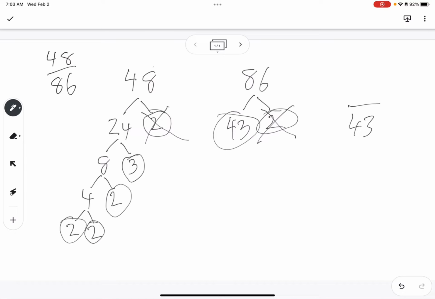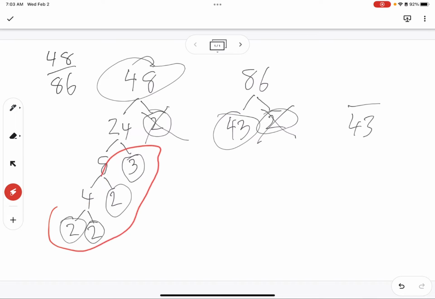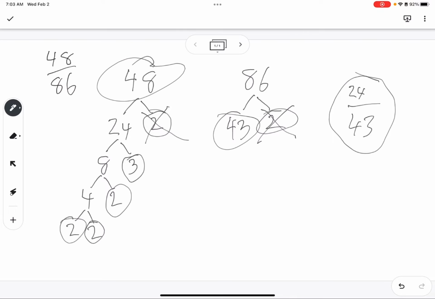Now, my numerator, 48, I've got all these numbers left, so I have to multiply them. What's 3 times 2? That's 6. Now I take that 6 and multiply by 2. That's 12. And then I take that 12 and multiply it by 2. And that's 24. And I've now simplified that fraction. That's how we do that.